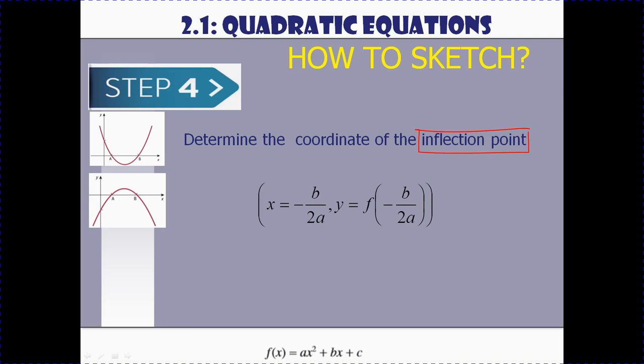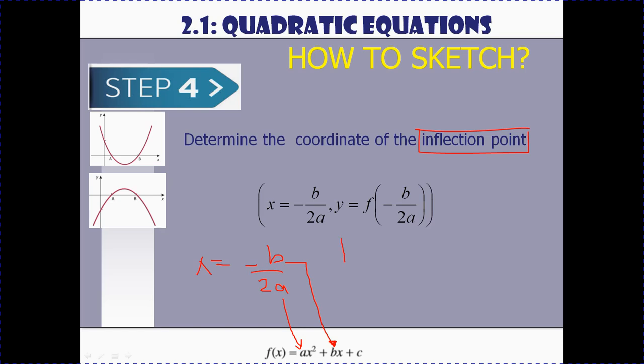Now, x can be calculated by applying x equals minus b over 2a. What is b and what is a? A, again, is the coefficient of x squared. B is the coefficient of x. So as you see, all you need, you find in the form of the equation given.